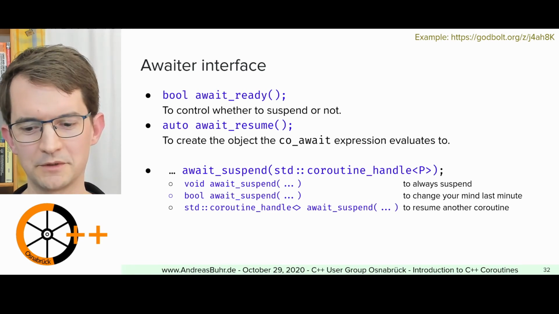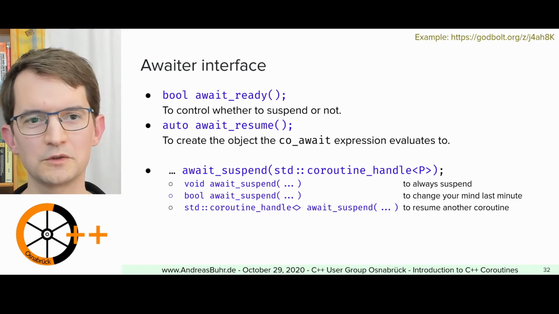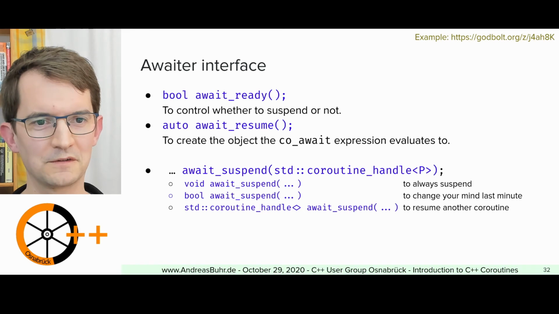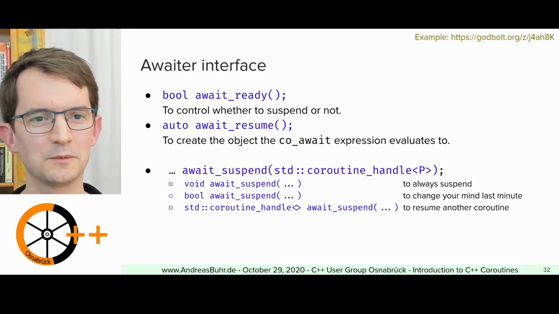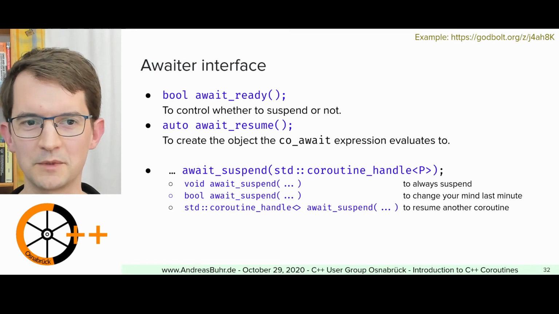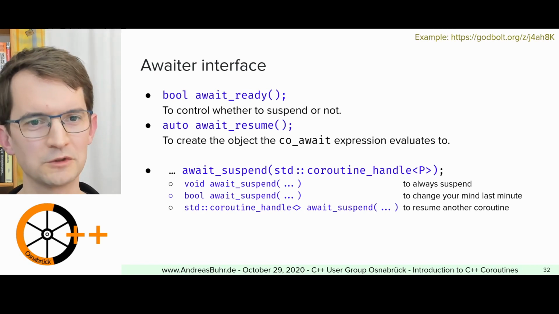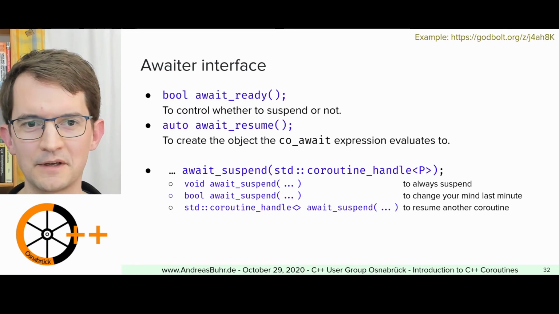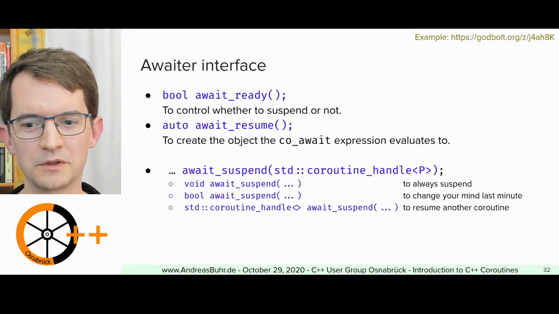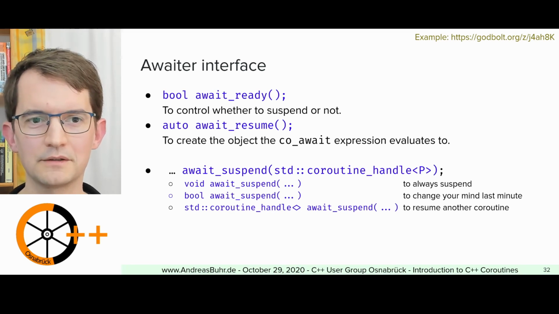For example, you have socket.read, and to be compatible with coroutines it has to return an awaitable, and this awaitable offers an await suspend function which is then called, and there inside this coroutine handle will be stored somewhere in the networking code, so that the networking code later can resume the coroutine once the operation is done.